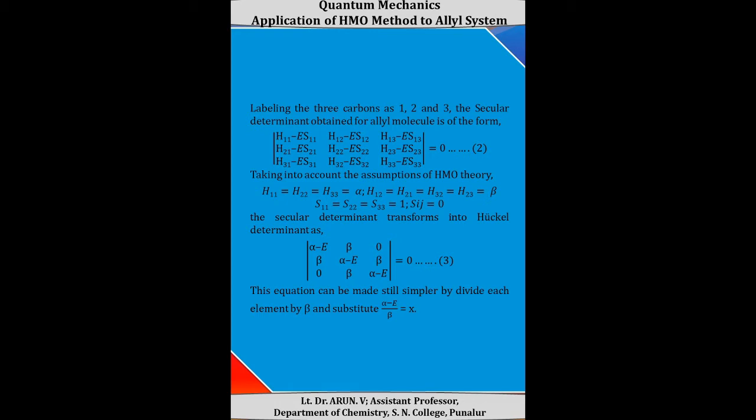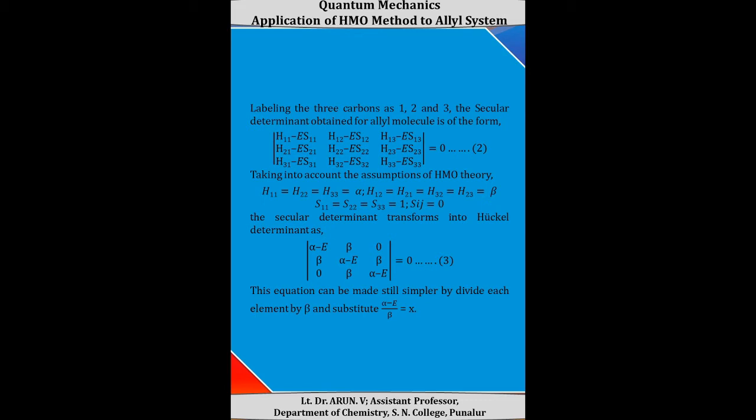Therefore, the above secular determinant can be transformed by using the Huckel assumptions. The secular determinant can be written as: alpha minus E, beta, 0; beta, alpha minus E, beta; 0, beta, alpha minus E; that is equal to 0.